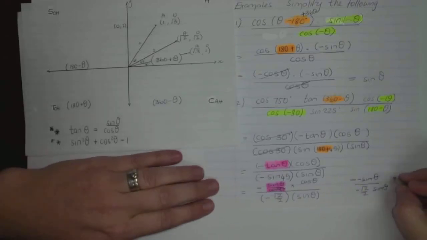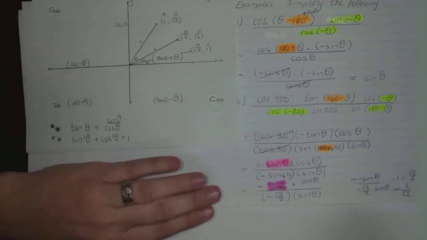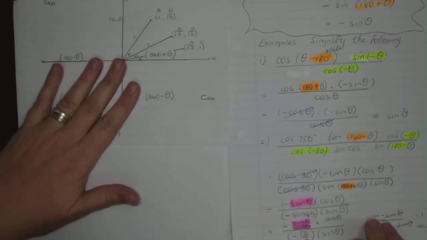So I basically have 1 divided by square root 2 over 2. So my answer is 2 over square root 2. Okay. The more you do this work, the easier it gets. Remember your little crib notes.